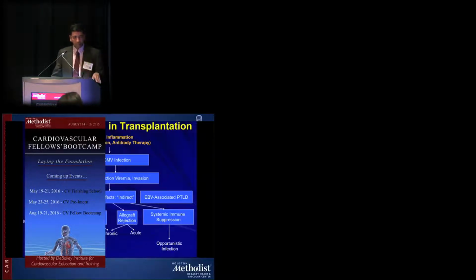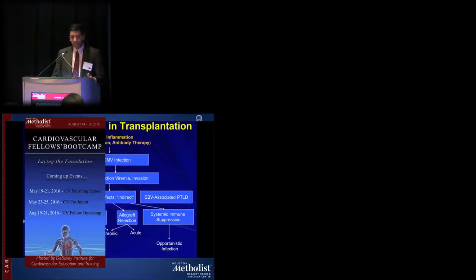So this is one of the major infections that we screen for very commonly, because it has more than just an infectious impact in these patients. It has a big bearing on whether they develop cardiac allograft vasculopathy, which we'll touch upon a little bit later. So we routinely screen for CMV infections in these patients in the first year and subsequently.